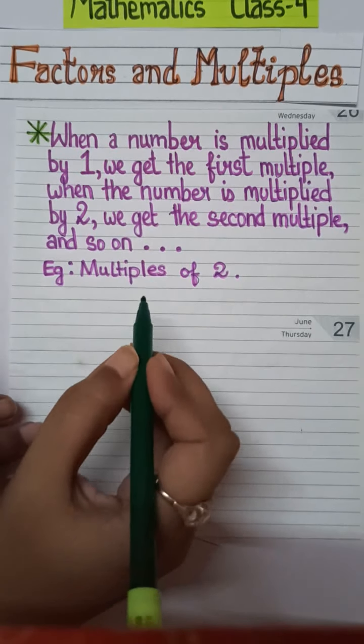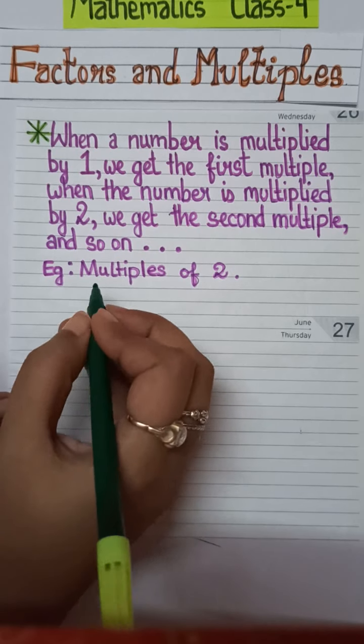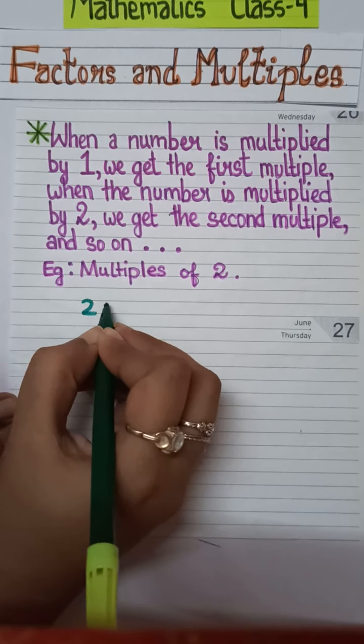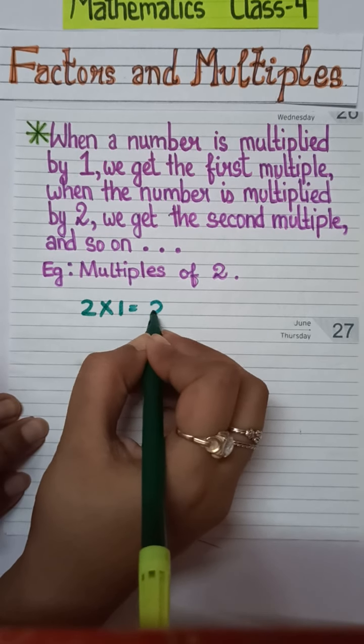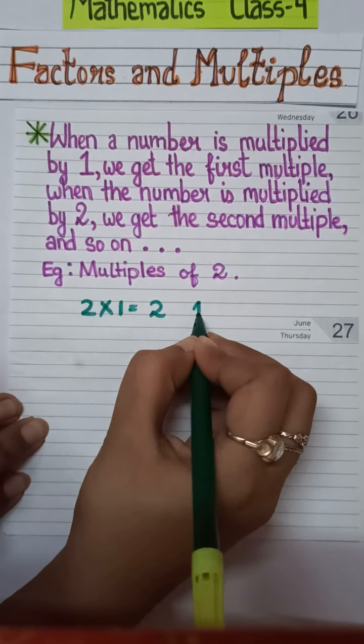To find the multiples of 2, we will start with 1. 2 multiplied by 1 is equal to 2, our first multiple.